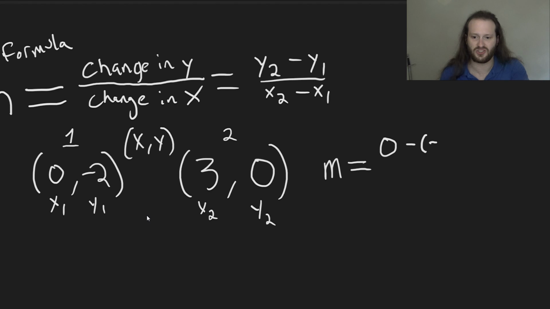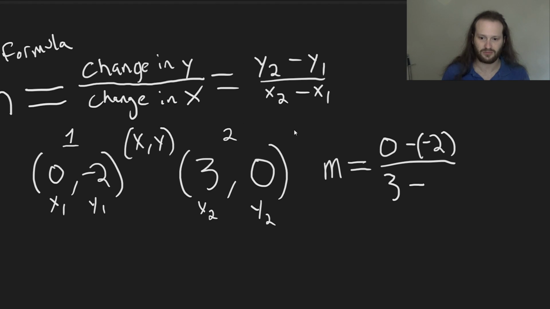If you were to just do 0 minus 2, that would be wrong, because this is -2. This minus and the negative attached to the coordinate point are 2 separate instances of a negative. And then we have x2, which is 3, and then minus, always minus, because we're just following the formula, 0.